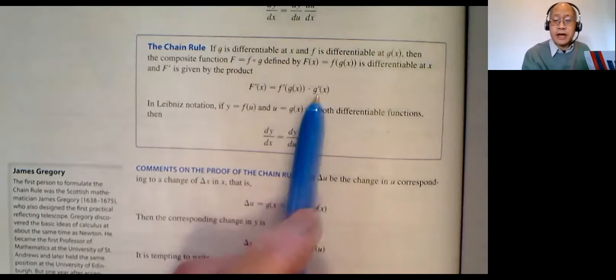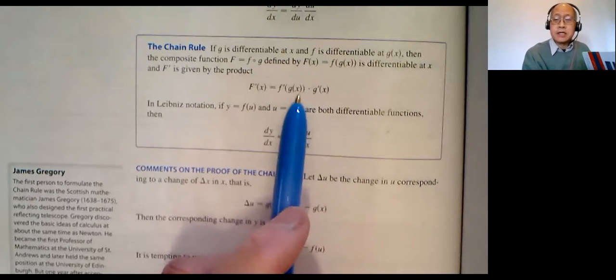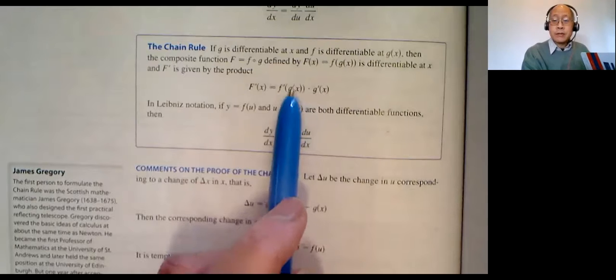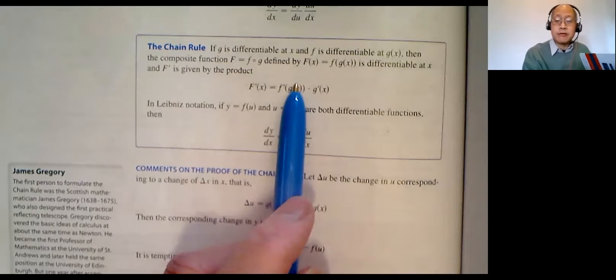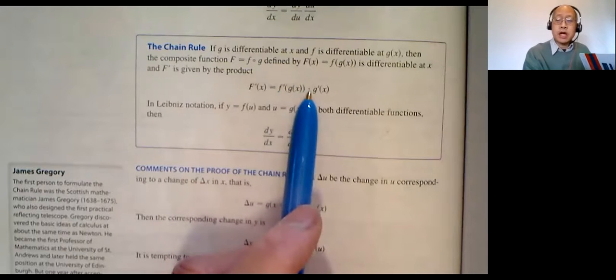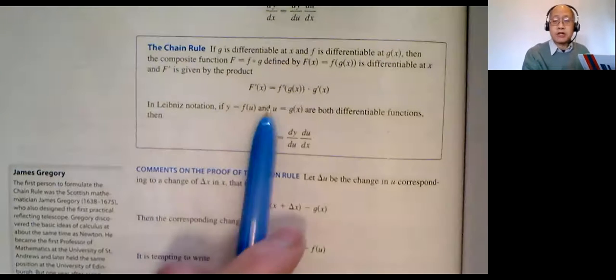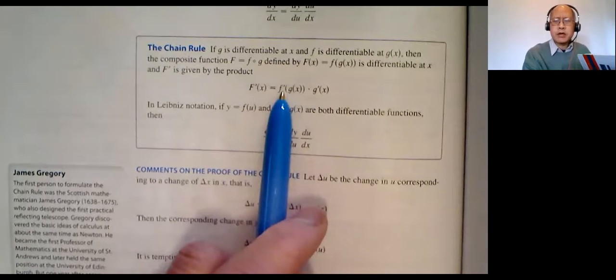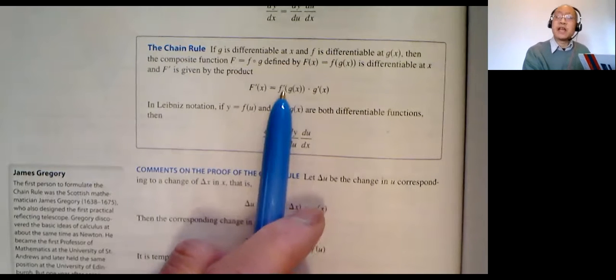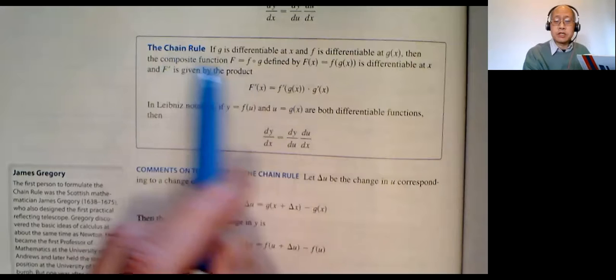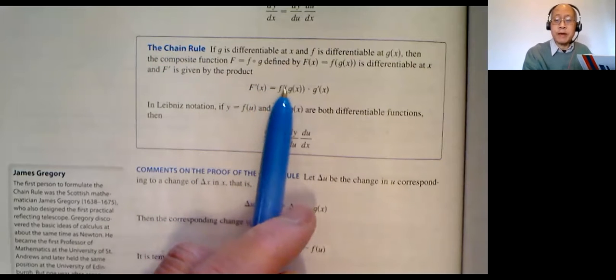And one thing I should hasten to add is that's the easiest case scenario. I mean, the inside might be a composition itself. So you may have to do this several times over, hence the term chain rule. You may be chaining one function on top of another. Okay, I think one of the homework examples, you actually have to go 5 deep. You have a function inside a function, inside a function, inside a function, inside a function, in which case you have to do the chain rule 5 times, I believe, at the maximum.